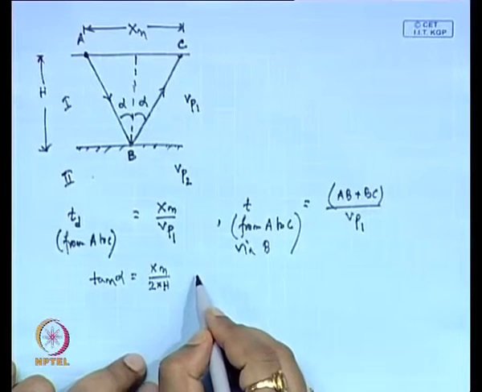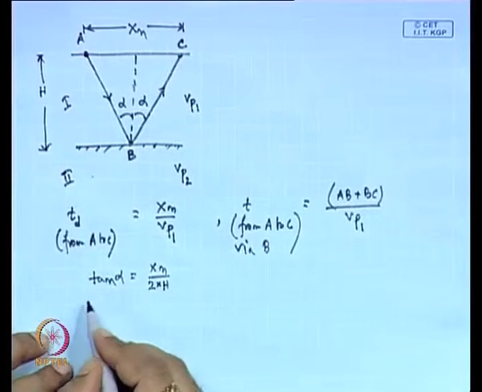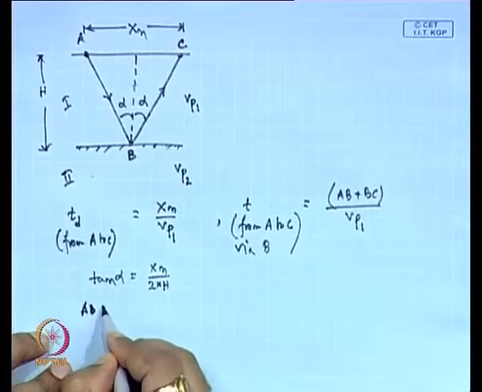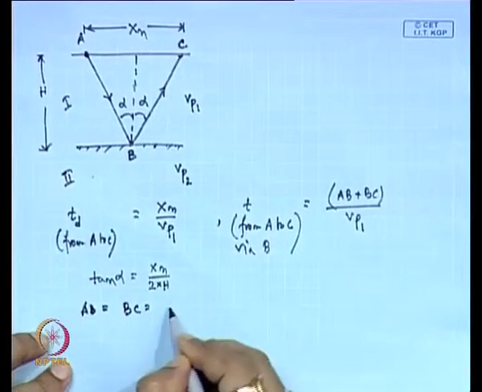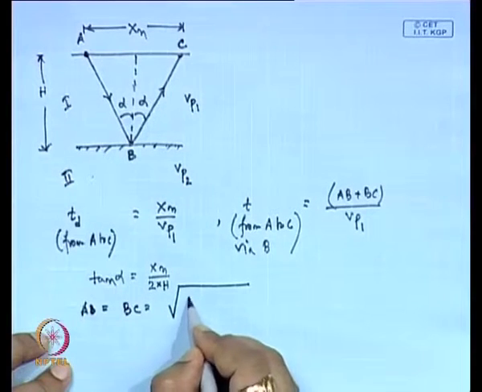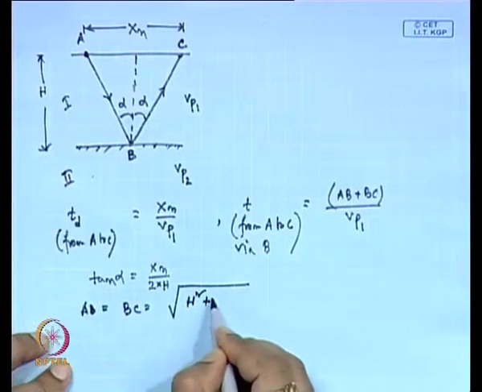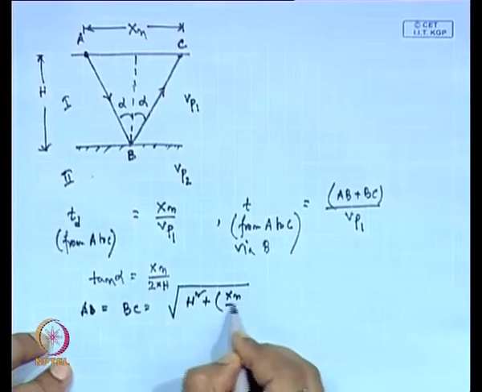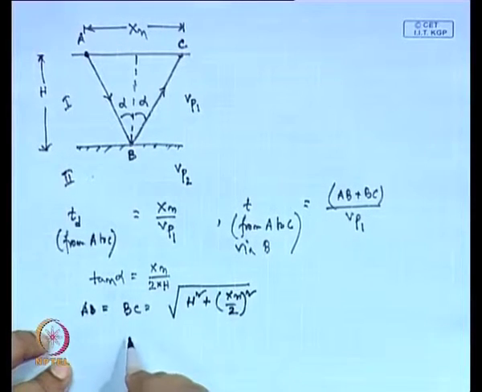Now, this is alpha 1. Now, we can write AB equal to BC, that is equal to root over h square plus x n divided by 2 whole square.